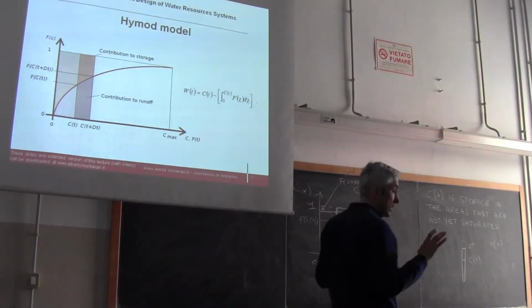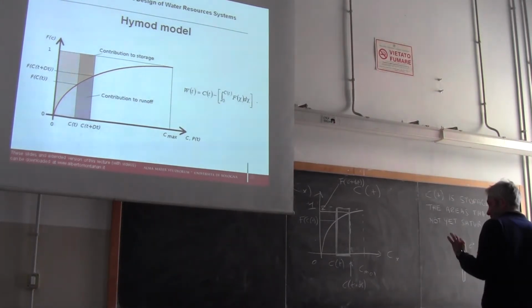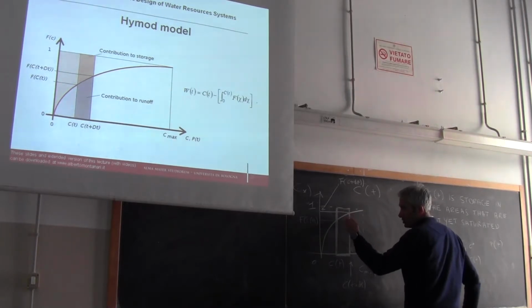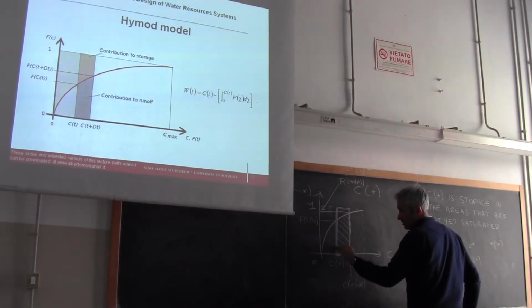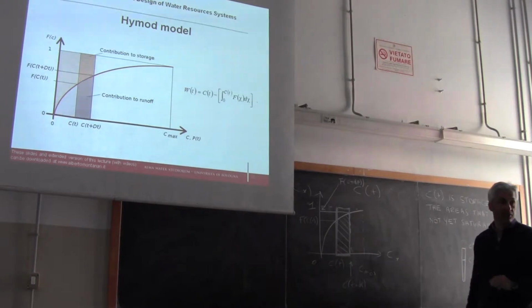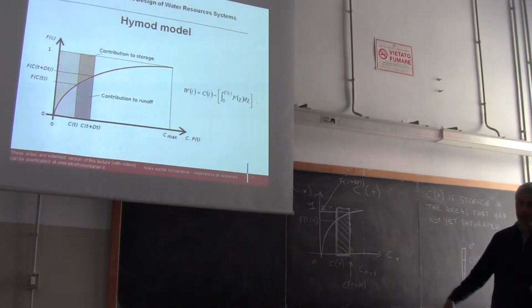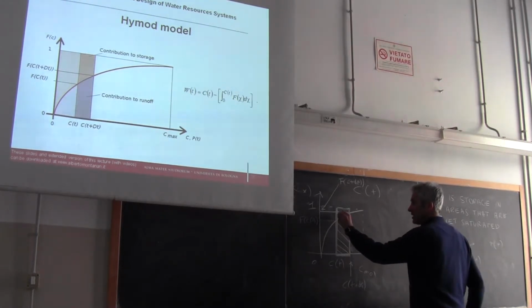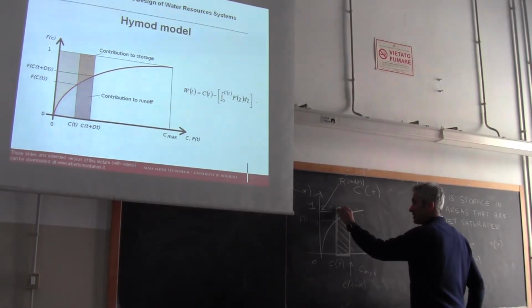But let's understand why. You see that there is a difference between what is below the beta K curve, the CT curve, or FCT curve, and what is above. So what's the difference between these two areas?